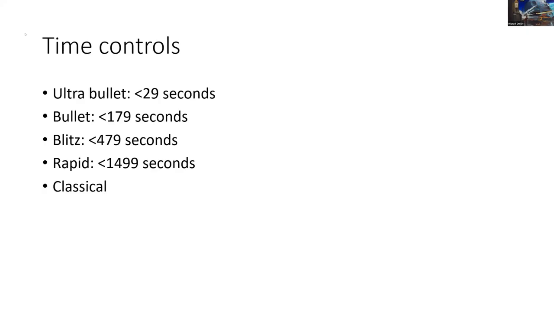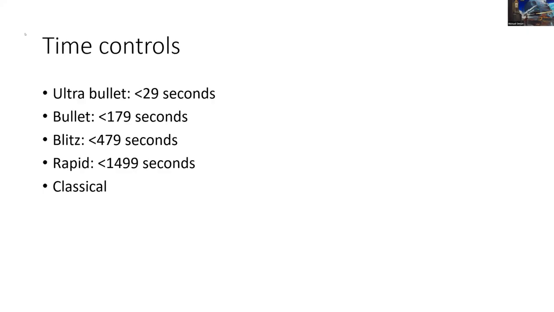Blitz chess, usually 3 minutes or 5 minutes. Rapid chess, which is usually 10-minute or 15-minute chess. And then classical, which for online depends on whether it's Lichess or chess.com, but for Lichess it's usually 20 minutes or 30 minutes.